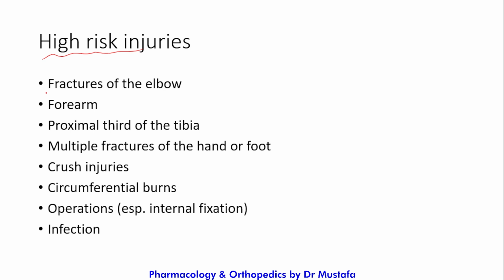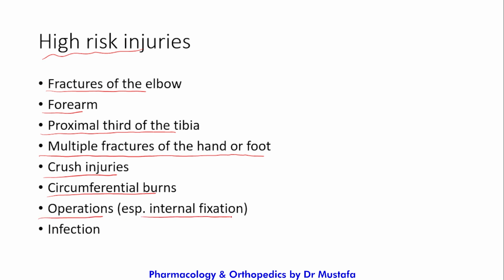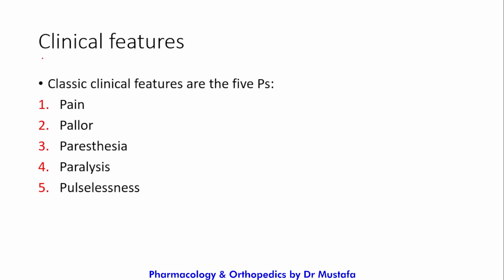So the high-risk injuries include the fractures of the elbow, the forearm fractures, the proximal third of the tibia, the multiple fractures of the hand or foot, the crush injuries, the circumferential burns, because remember burns cause injury to the muscles too, and operations, for example internal fixation, because this operation would lead to a lot of soft tissue damage, and infection too.